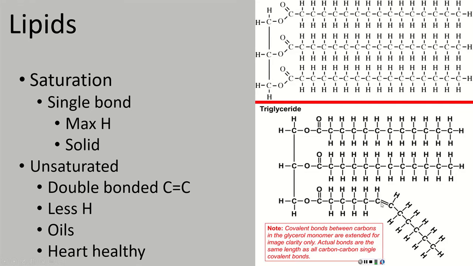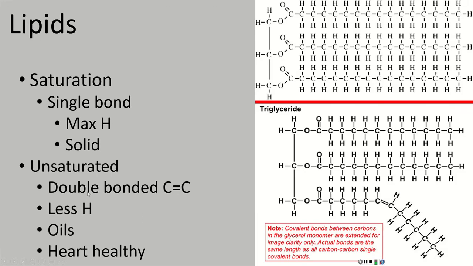The result is each of these carbons could potentially hold another hydrogen there. It could form another single bond if we broke this double bond. So we do not have the maximum amount of hydrogen. There's less hydrogen here than there is up here in this top triglyceride.